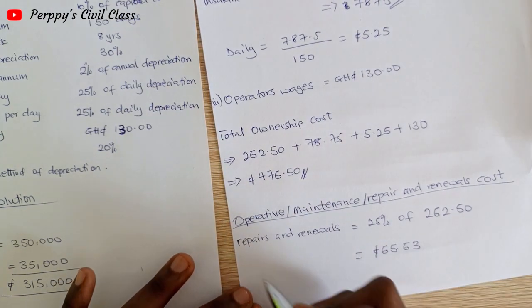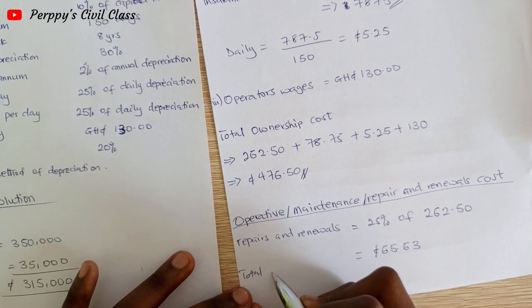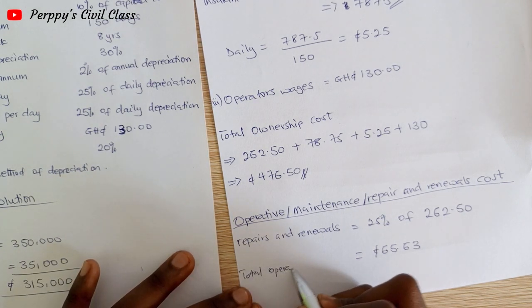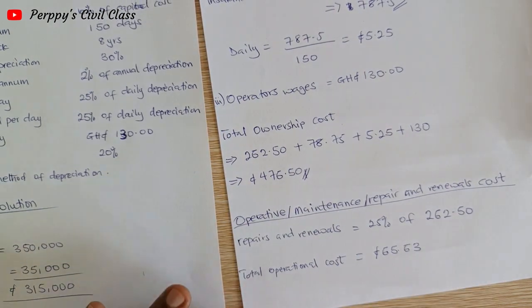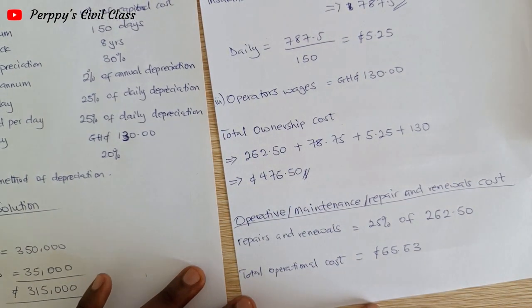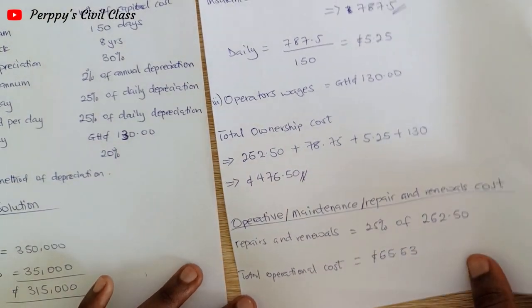So this is going to be our total operational cost: 65.63 Ghana cedis.